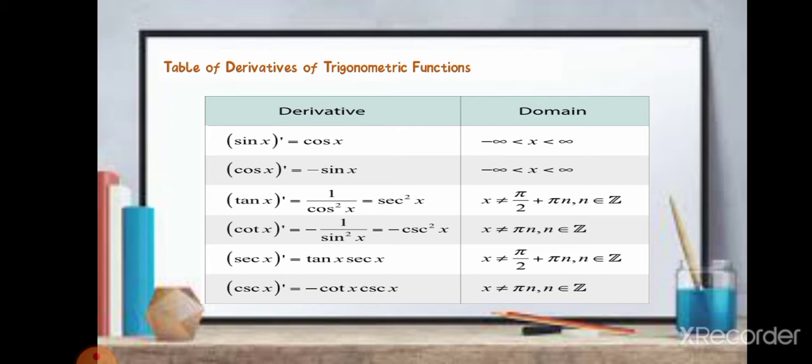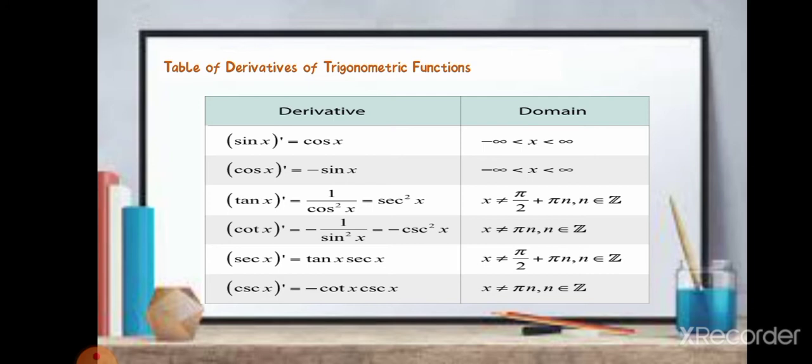Next is cotangent x, which has a derivative of negative 1 over sine squared x, or equal to negative cosecant squared x, and has a domain of x not equal to pi n, where n is all real numbers.